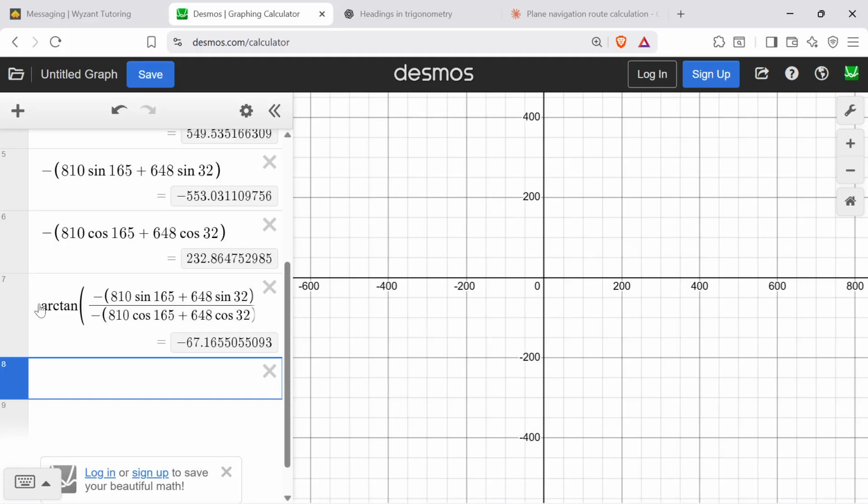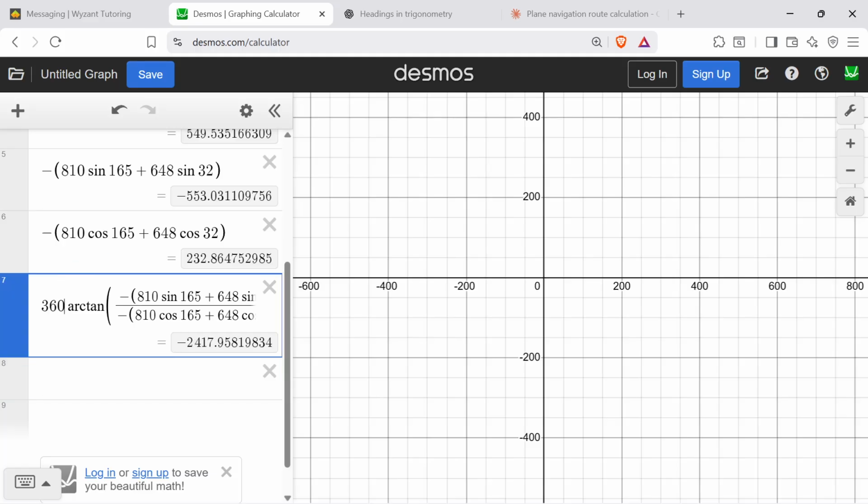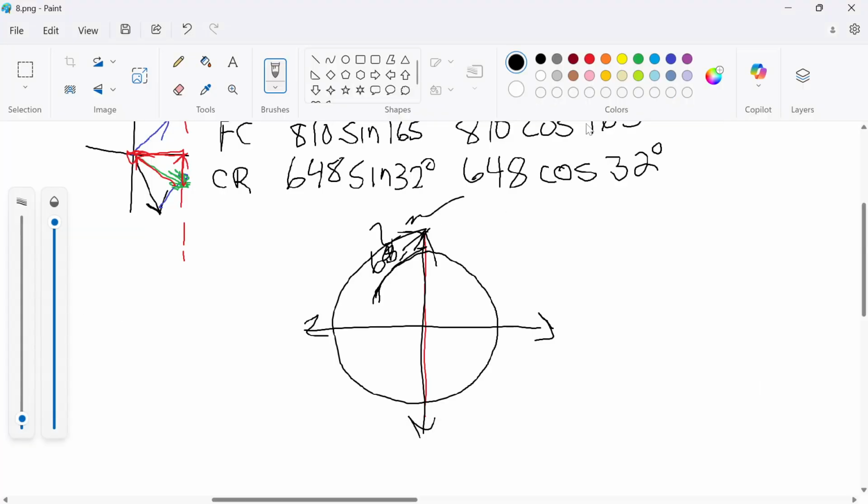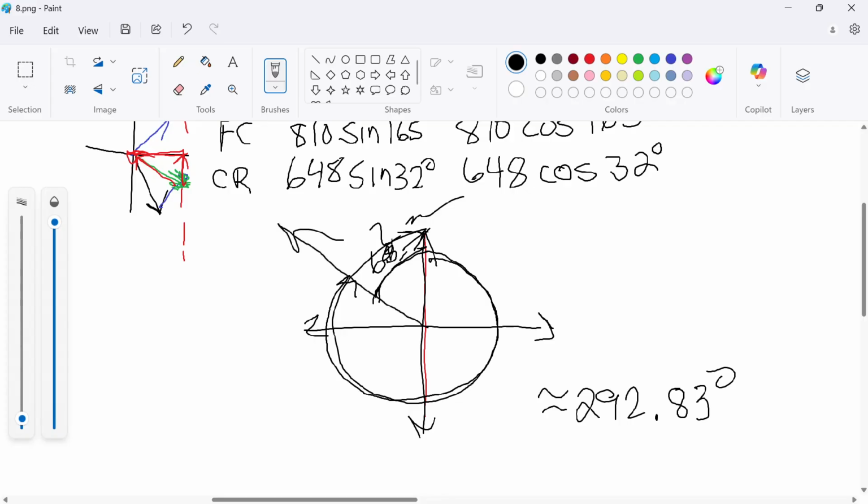So I'm just going to add 360 to this. So approximately 292.83 degrees, which is, again, taken clockwise. So it's that direction.